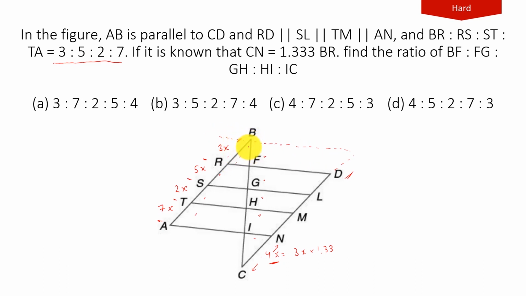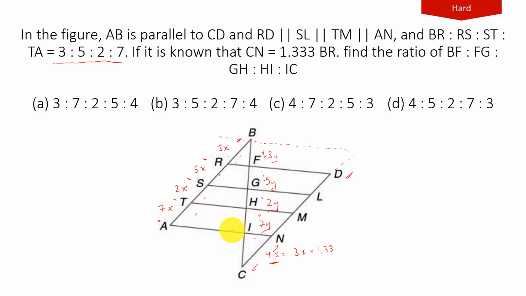BA is one transverse line and BC is another transverse line. So this ratio on the first transverse line, 3:5:2:7, is going to be the same on the second transversal line also. So the second transversal line is going to have dimensions of 3y, 5y, 2y and 7y.